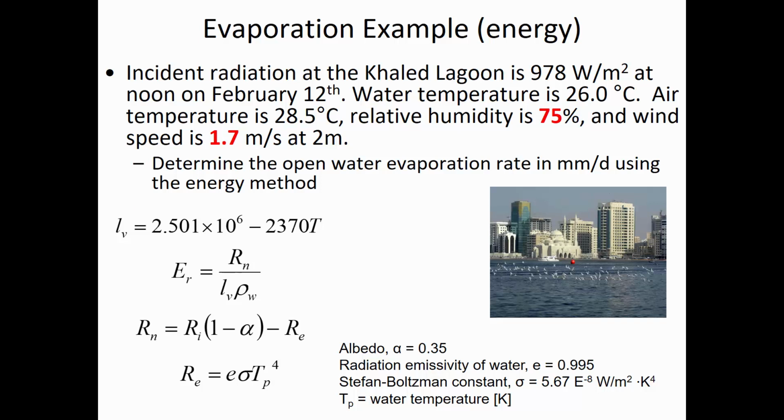When I multiplied by 86,400, that's essentially saying that you're going to have that same solar radiation through the entire 24-hour cycle. And so, of course, that's not accurate.